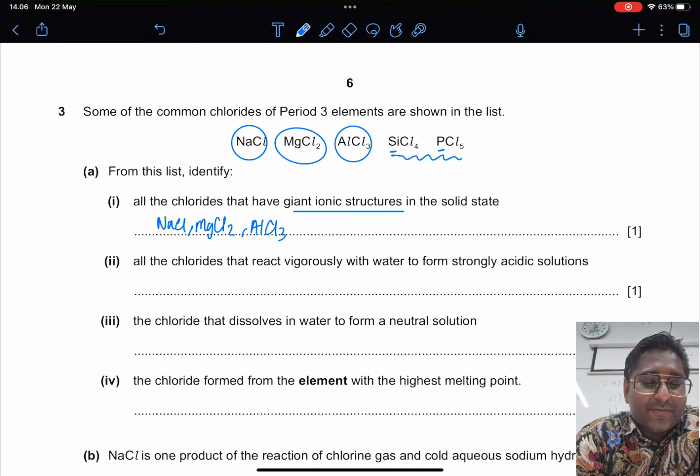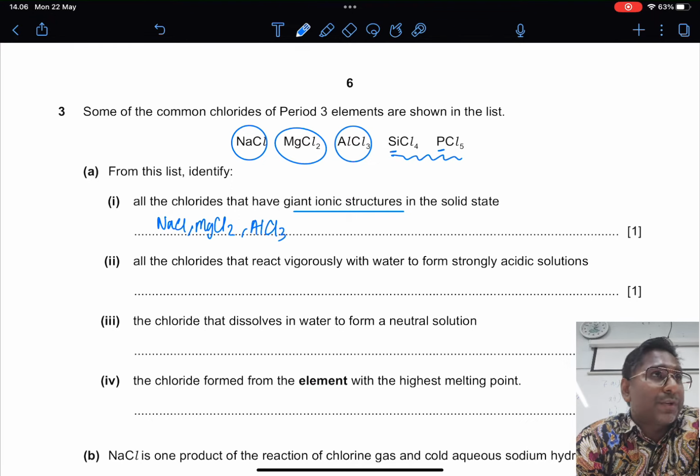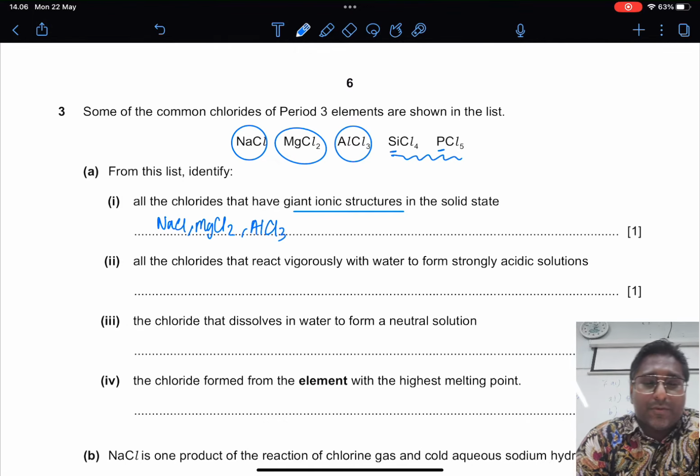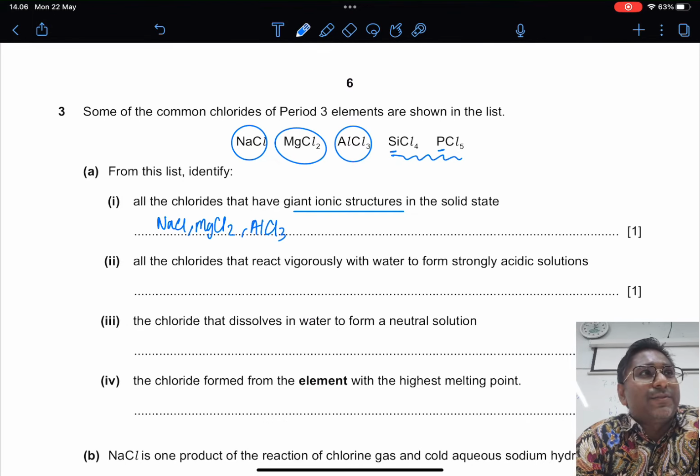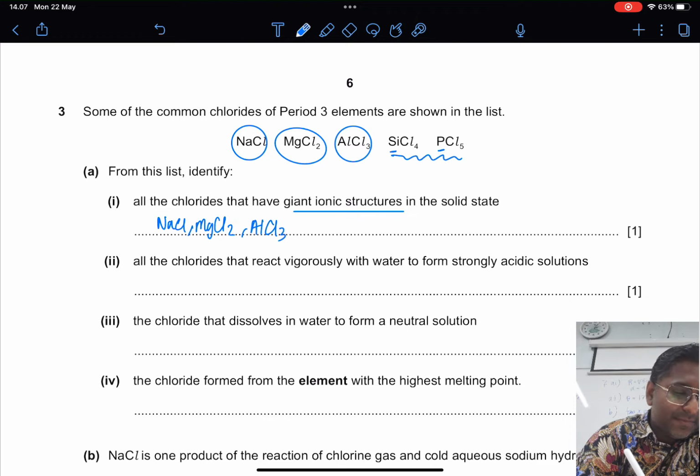We need to be careful whether SiCl4 will react with water. I'll leave it to you now. Do they react in water? We check, but definitely the answer is PCl5.